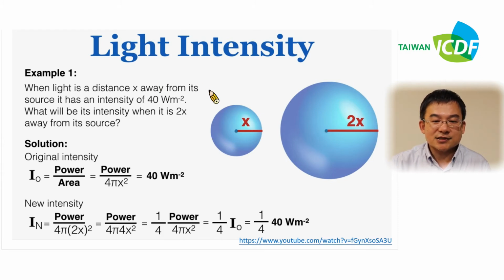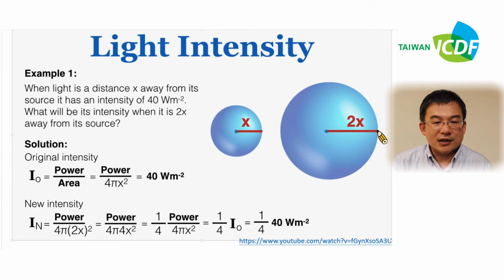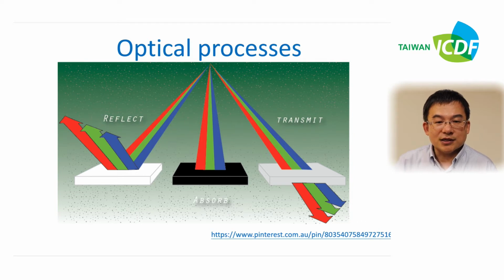The first one is X, and the second one is double X. On the surface of the second one, the light intensity is just 1/4 of the first one, because the light transmission is in the spherical direction. So as you go further, the intensity will decrease, but the total intensity will be the same. And so now we know the light energy, or the light intensity.